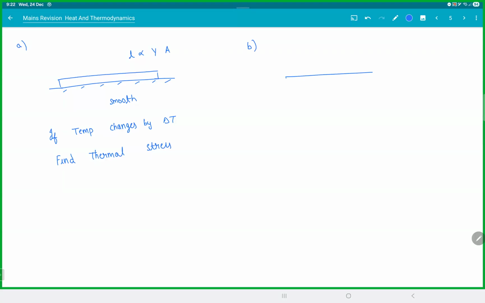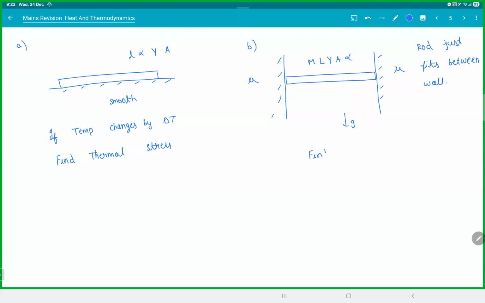Similar question, we have a rod between two walls, with friction mu, gravity is there, mass m, length L, Young's modulus Y, area A, alpha. The rod just fits between the walls. Find the change in temperature if the rod remains at rest.